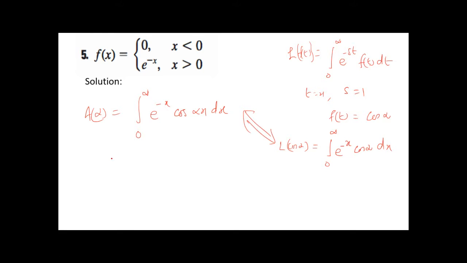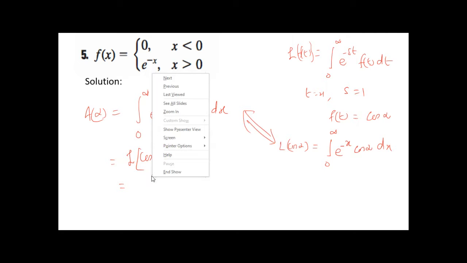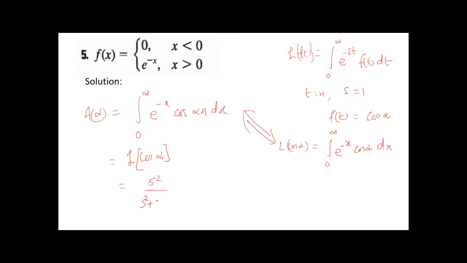Okay. Now, what does it mean? This is nothing but the Laplace transform of cosine alpha, isn't it? Here the variable is alpha instead of t. So it will be s over s square plus 1, where the coefficient is 1.